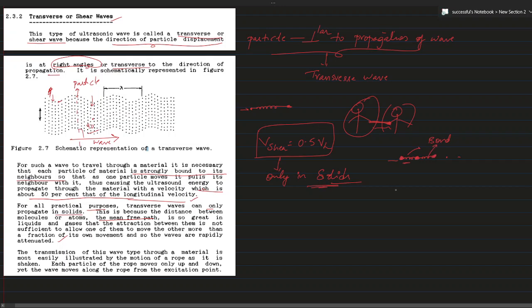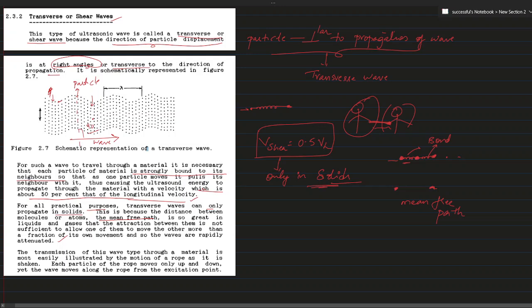But in liquids, the mean free path is very high, and the distance between the molecules is very high, so this particle cannot transmit this energy to this particle, because it cannot pull this particle.